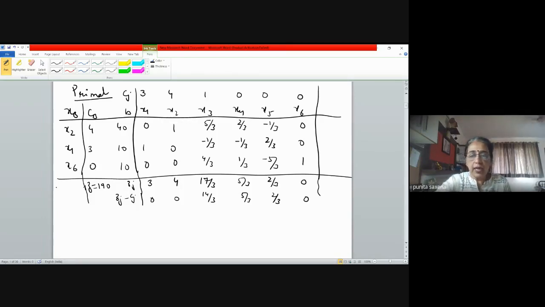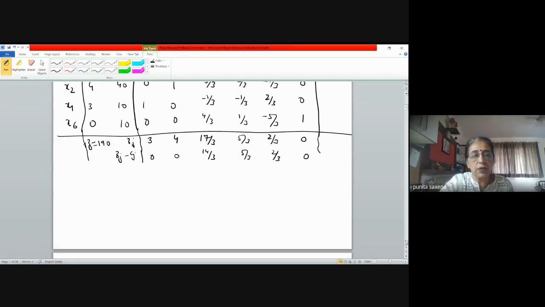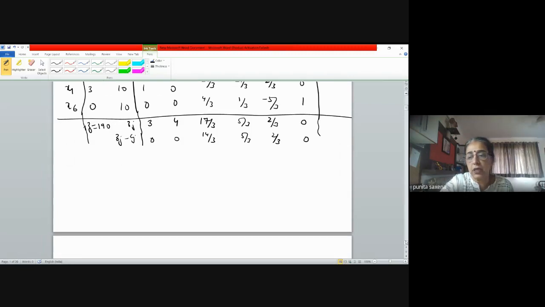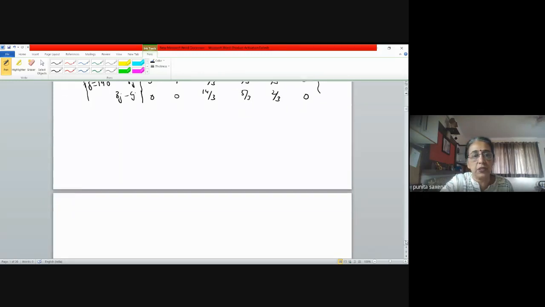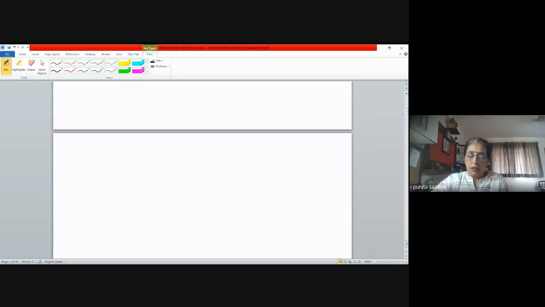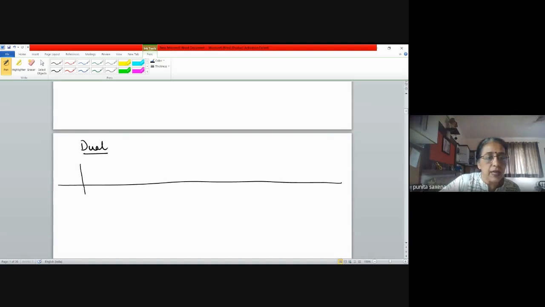Now, if we look at the optimal table of our dual, since our dual was a minimization problem, I'll have to keep shifting between the two pages. Now let's write the optimal table for the dual also. Let's call the variables y1, y2, y3, y4, y5, y6. Of course, all the artificial variables have left. I write it as xb only because we are writing the basic variables here. CB. If you want to be very specific, you can write YBs.